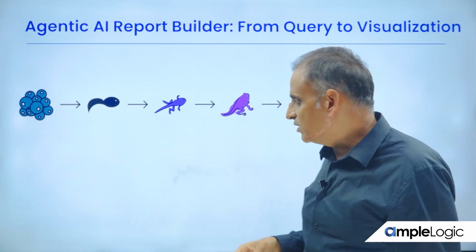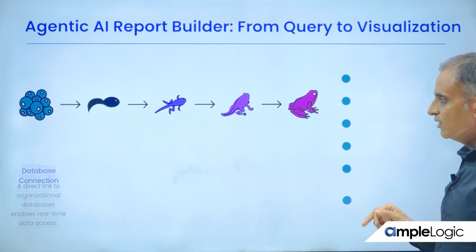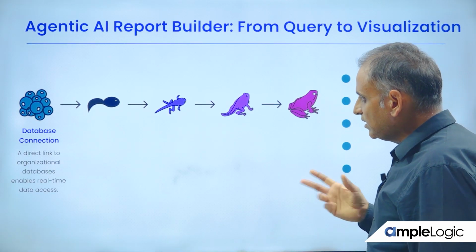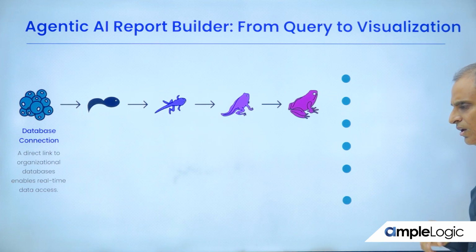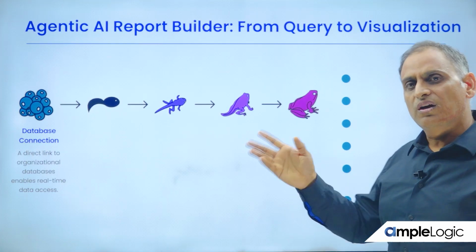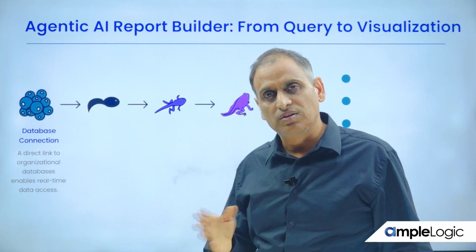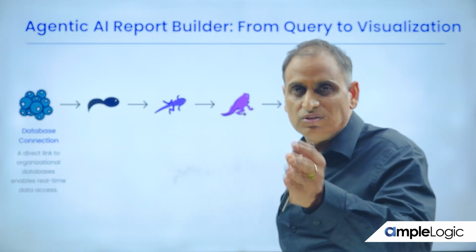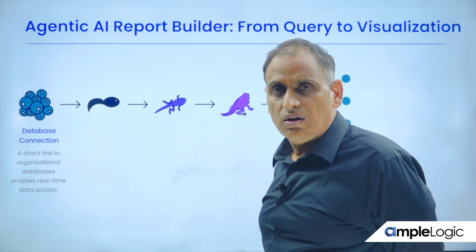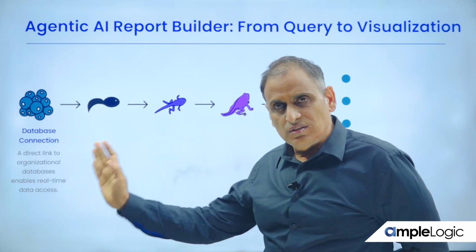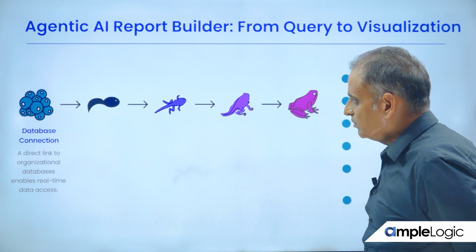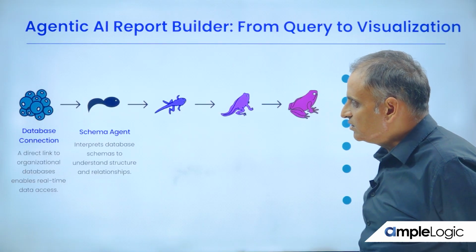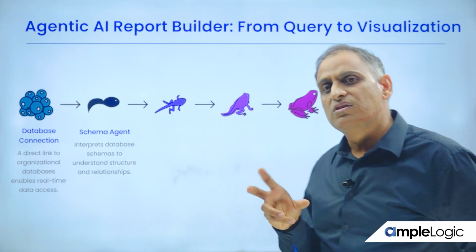Now I can do all these things with this agentic AI builder. It is quite simple: you can connect to any database, whether you are using QMS, DMS, LMS, all these applications on one platform or different platforms. You can connect this builder to the database. Then there is a schema agent. Now, how is the database schema?